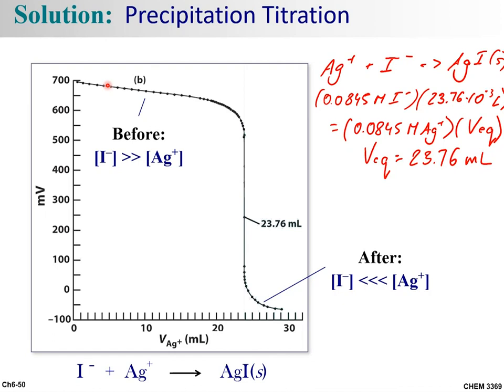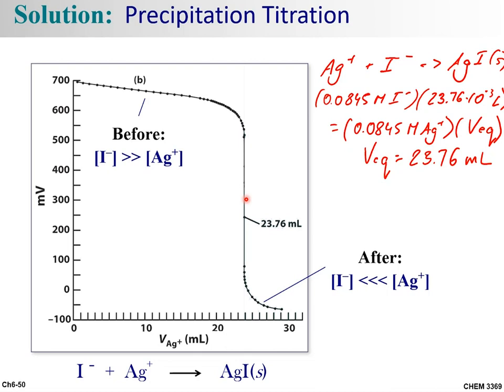Okay? But when iodide has been consumed, the concentration of silver plus ions will suddenly increase because, again, we keep adding the titrant, right? And it's no longer consumed by I minus.